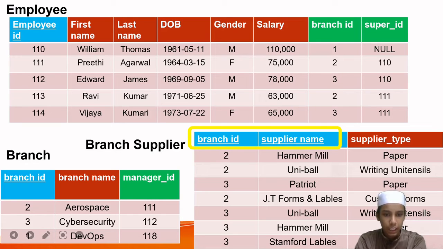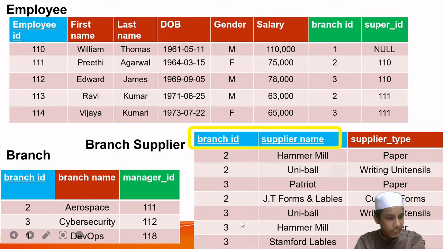So as you can see in the branch supplier table, in the second column, the column has repeated values, like hammer mill is repeated and Uniball is also repeated. Like here we have hammer mill. It's supplying paper to the aerospace. And hammer mill again is supplying to another branch.